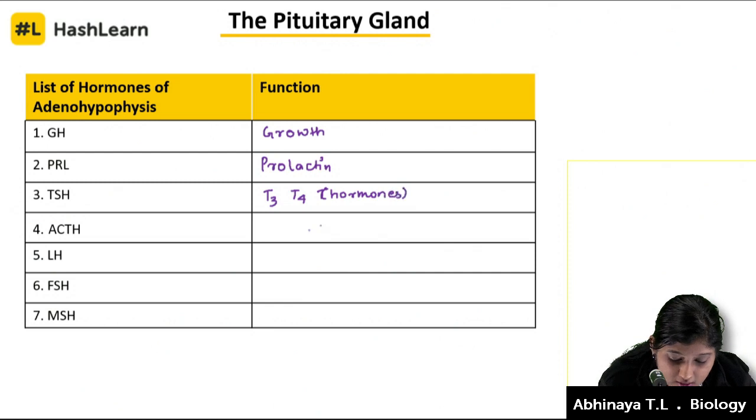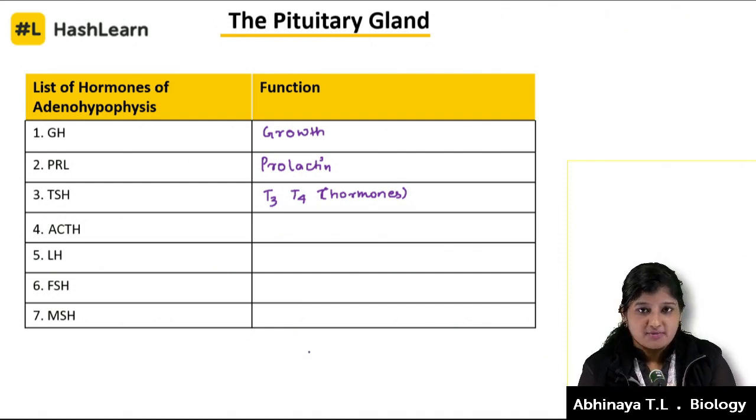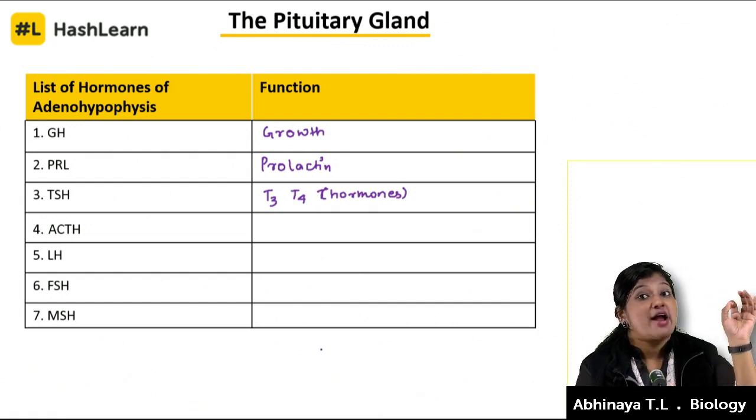Then we have ACTH. This is called adrenocorticotrophic hormone. Cortico comes into place when we talk about steroids. Adreno, in the sense, connects to the adrenal gland.